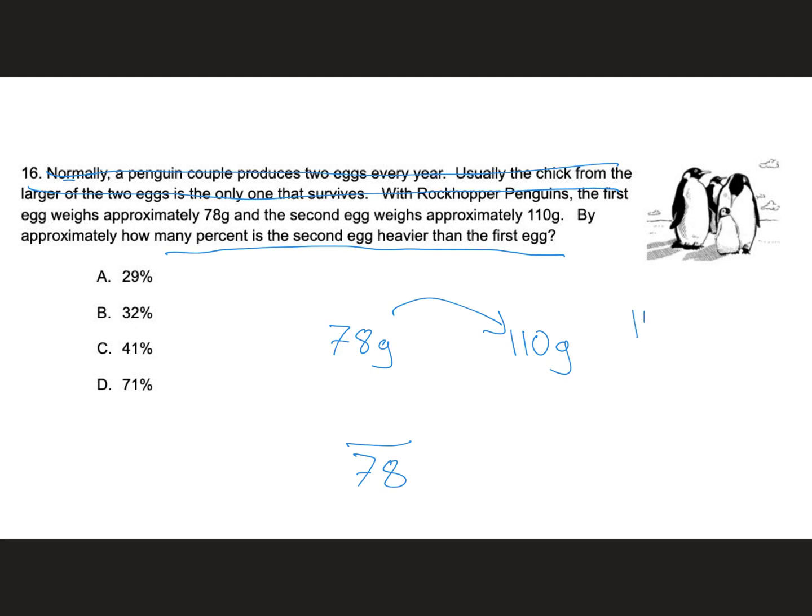So 110 minus 78 will tell me that there's a difference of what? 32 grams. So the second egg is 32 grams heavier, which means I want to know what 32 is of my original. So 32 divided by 78 is approximately 0.41, which as a percentage is 41%.